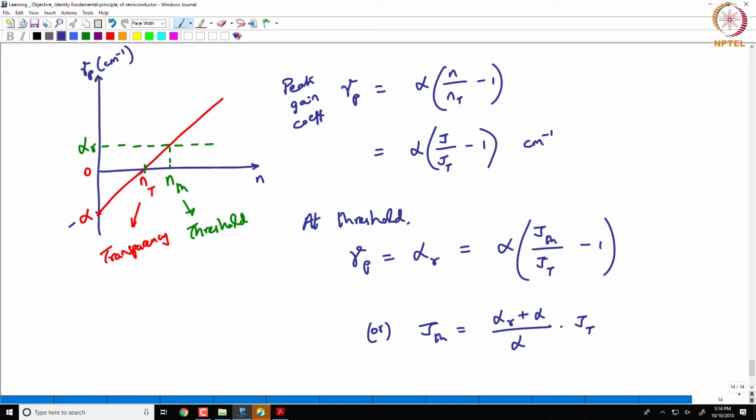Oh yes, so the question is whether there will be saturation of the gain. Yes, as you emit, your electrons are getting depleted from the conduction energy levels, and even if they deplete from the bottom, they are actually going to trickle down to the lowermost energy level.